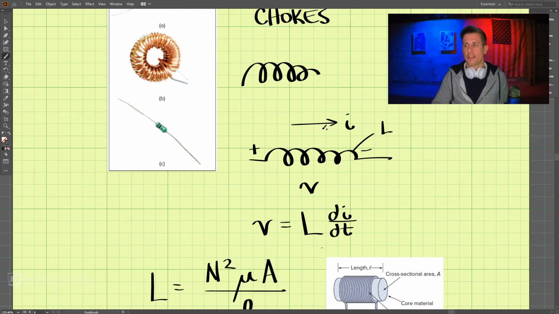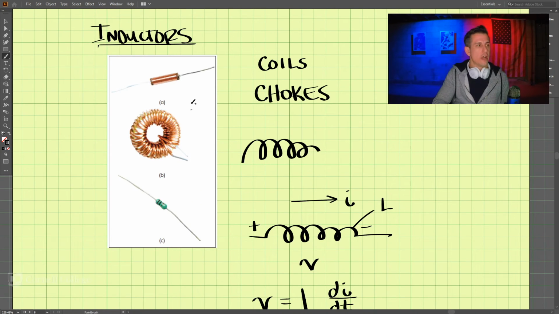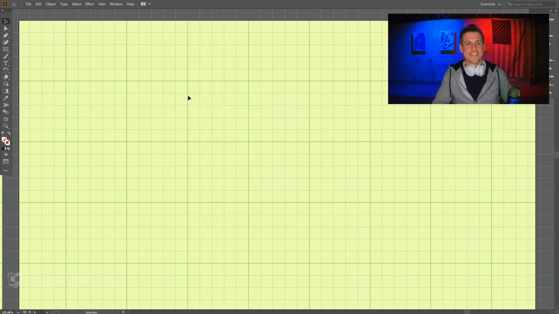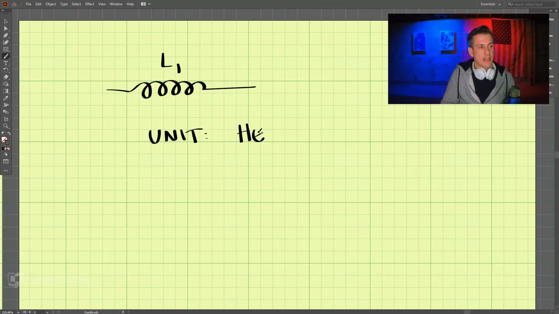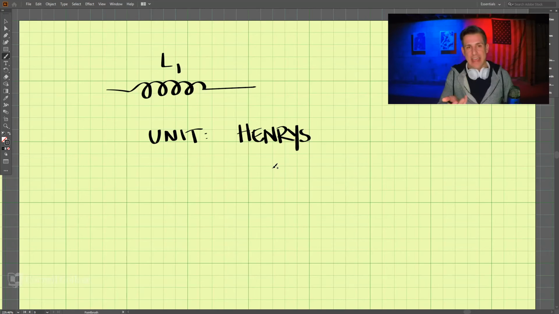So that is just a brief introduction to inductors, which we also call coils or chokes. We draw them as coils here, and we may label them L1. The unit we use is the Henry, which is a name.